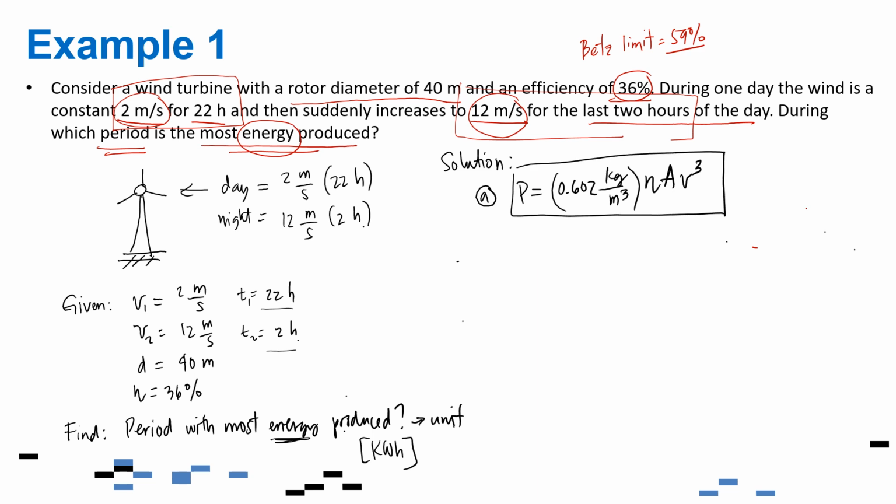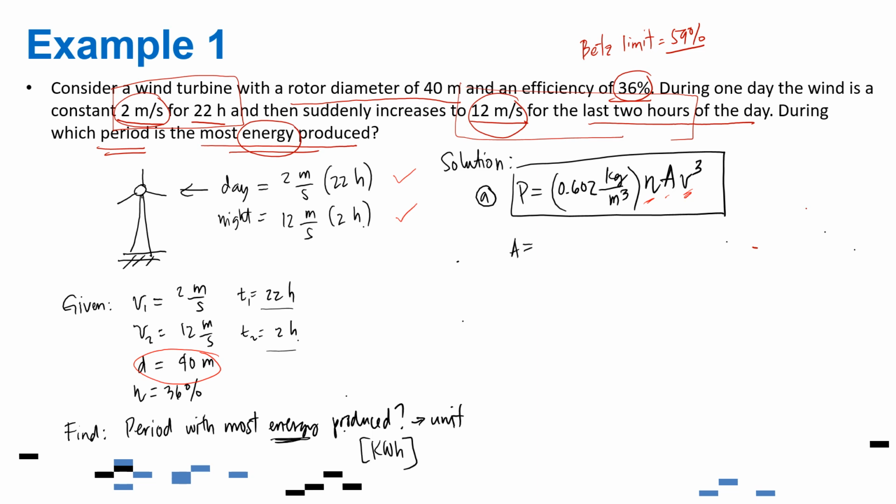If you look at the formula, the efficiency is given, and velocity is actually given. There are two velocities here, and the other one is area. Area is not given, but we can solve for area because we are given the diameter, which is 40 meters. So let's first solve the area.